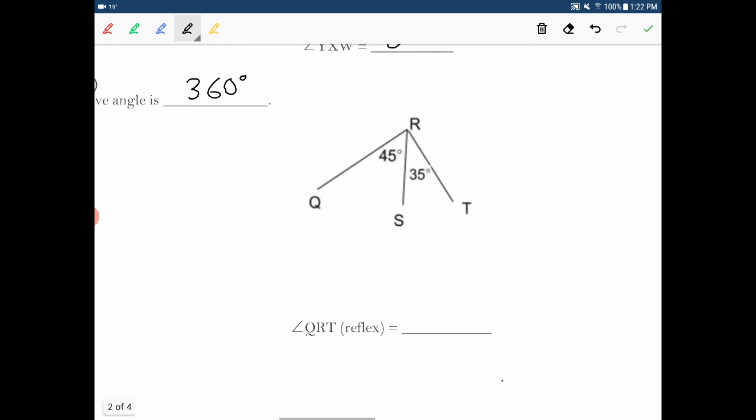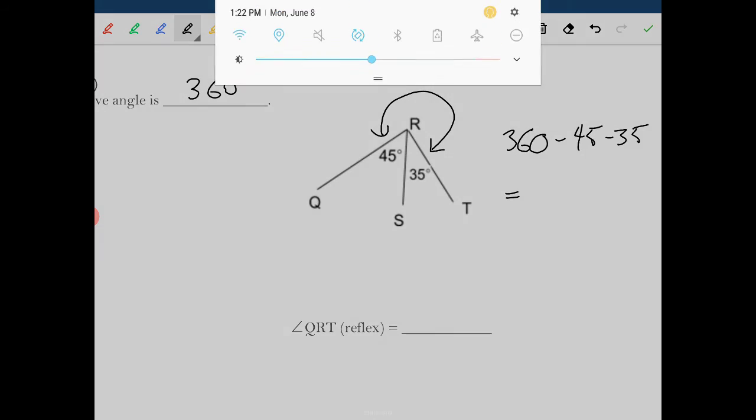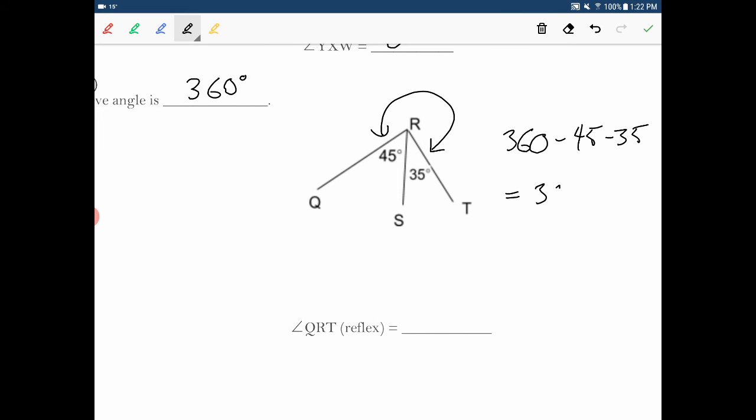Okay, anyway, and then we've got QRT here. So again, we're looking at this outside angle right here. If you've got one like this where there's multiple angles in there, there's a couple ways you can do it. You can do the 360 and subtract 45 and then subtract 35. Or if you prefer, you could just say, well, what's 45 plus 35? So that'd be 80.